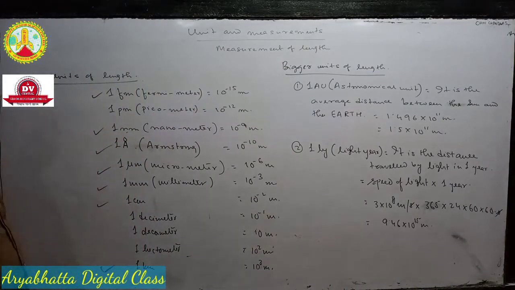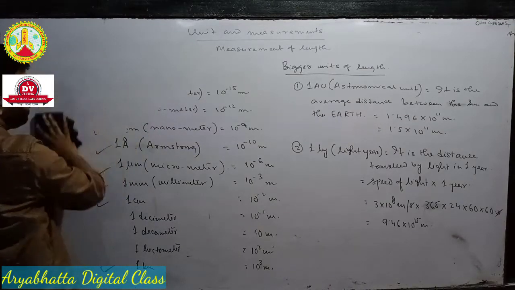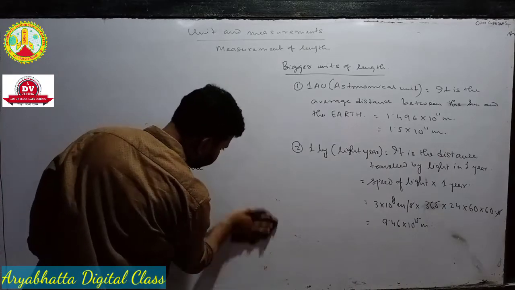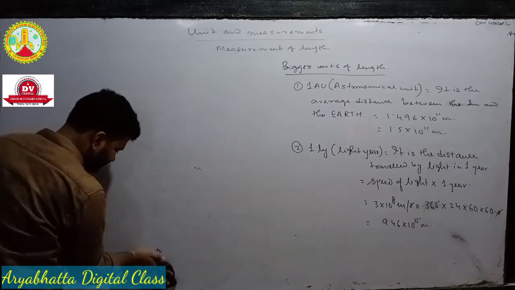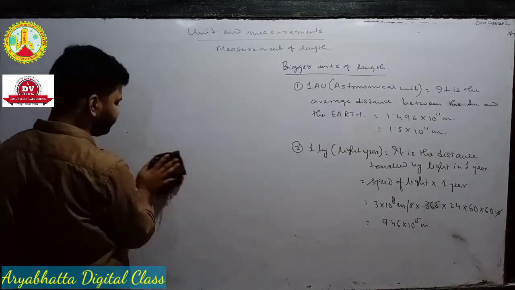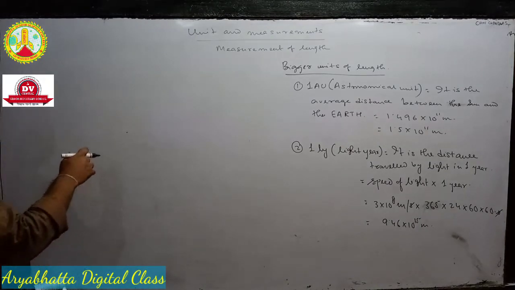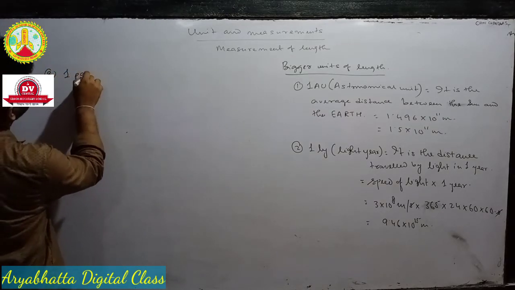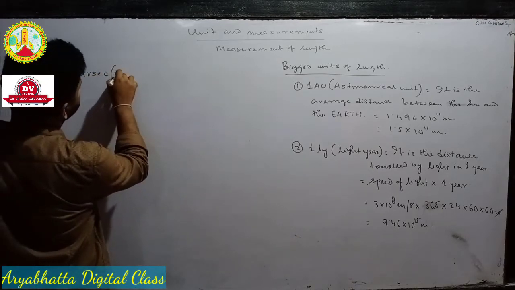So this is light year, and the biggest unit of length is parsec. Parsec means parallactic second. So the third one is 1 parsec.